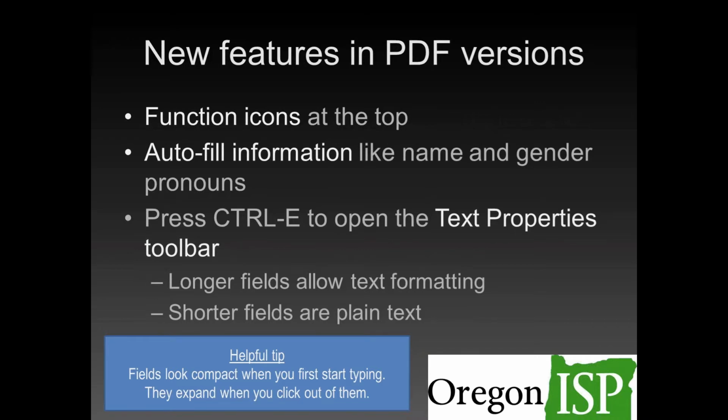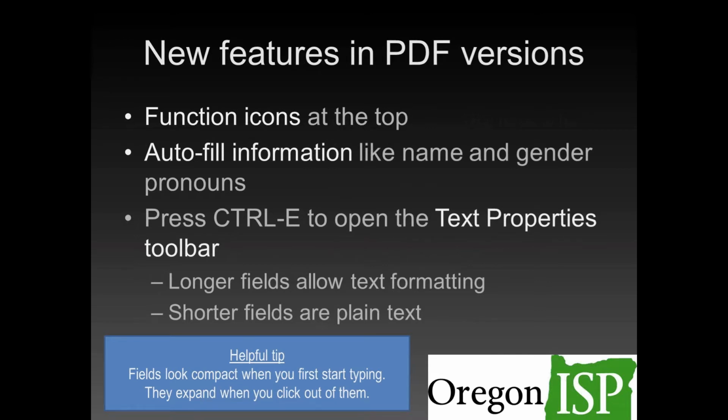Let's cover a couple of new features in these PDF versions. When I open the form, you'll see that there are some function icons at the top that give you some basic functions throughout the document. These documents will autofill information like the person's name and their preferred gender pronouns. You can press Control-E, that's a magic key combination.